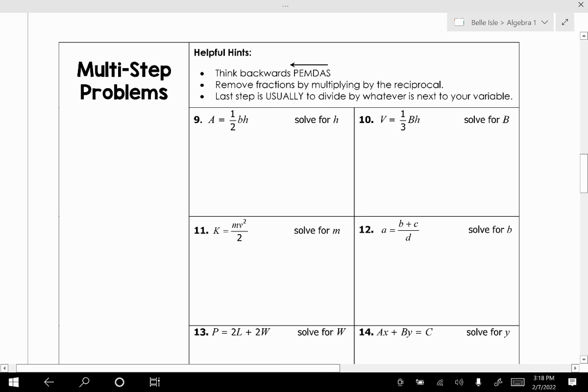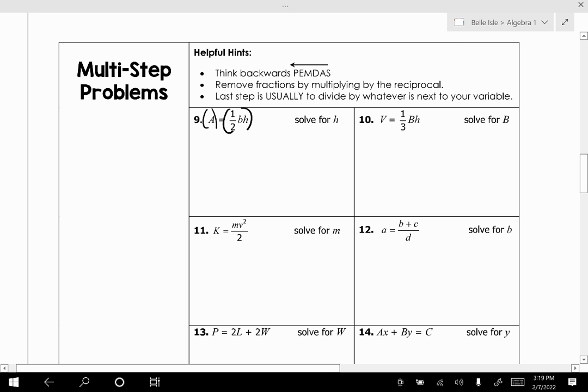Now, how do we get rid of a 1/2? Multiply by the denominator. So 2.